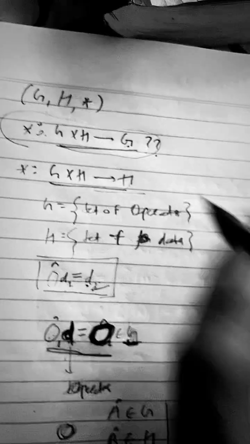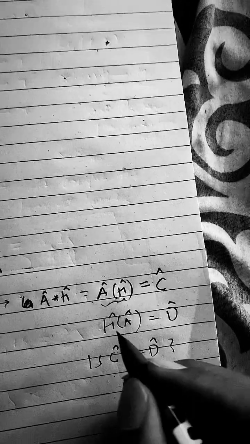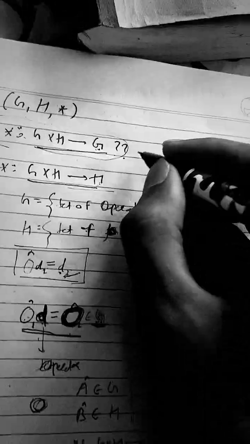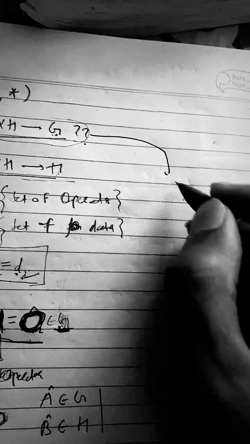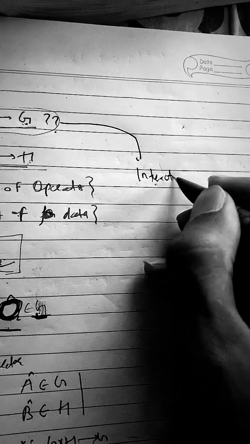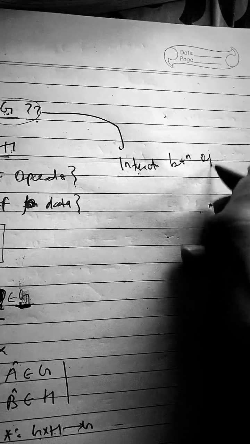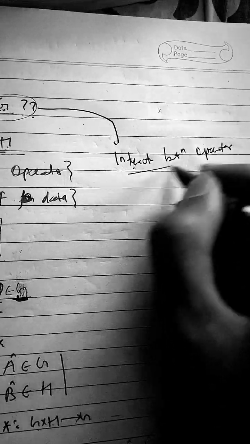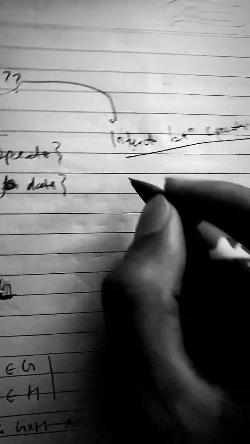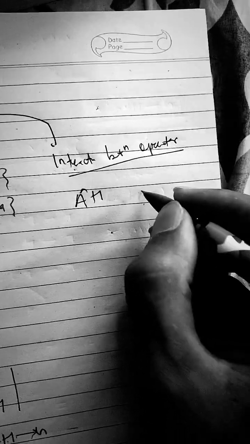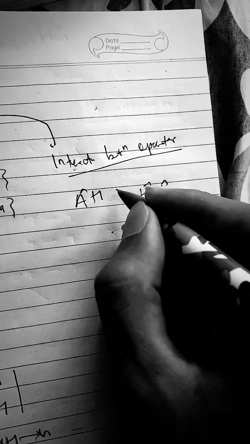So this structure can help us to study the interaction between operators, like AH and HA. What is the relation between these?